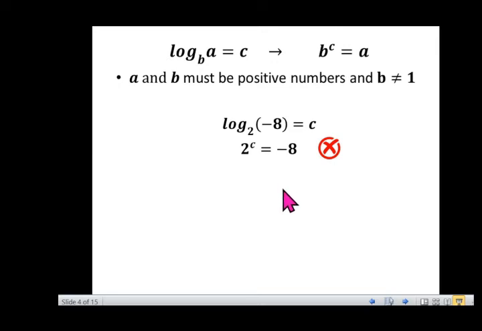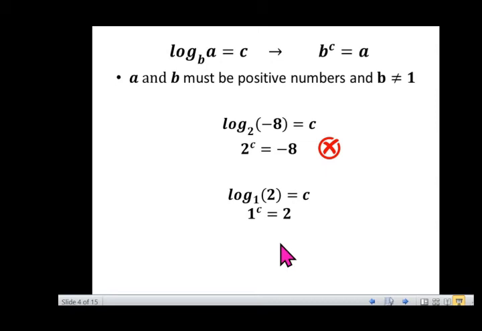Now let's go to our b. Why should our b be a positive number but not equal to 1? Take for example the logarithm of 2 with base 1 equals c. Take note that your b here is equal to 1. If we convert this into exponential, this becomes 1 raised to the power of c equals 2.